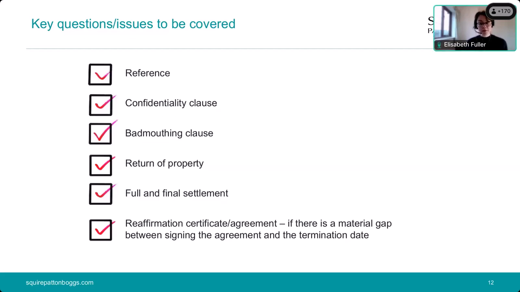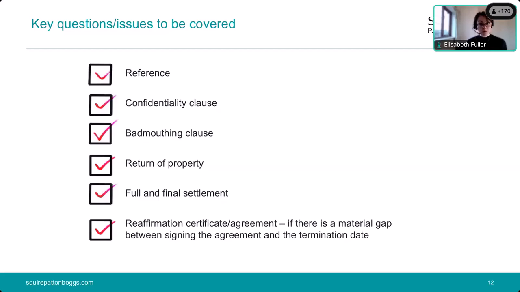If you are allowing the employee to retain company property, particularly say a company laptop or mobile phone, then it's important to ensure that all the confidential information that might be held on that device is wiped before the termination of the employee's employment. And you also should be including a provision within the settlement agreement that confirms that this has been done.